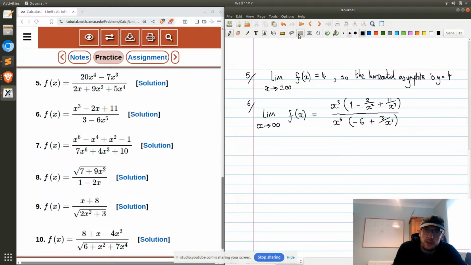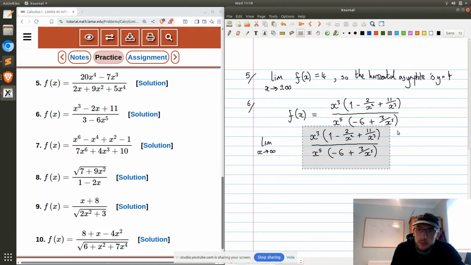What would be more efficient here is to just declare that f of x is that, and then pretty much declare that it's equivalent.